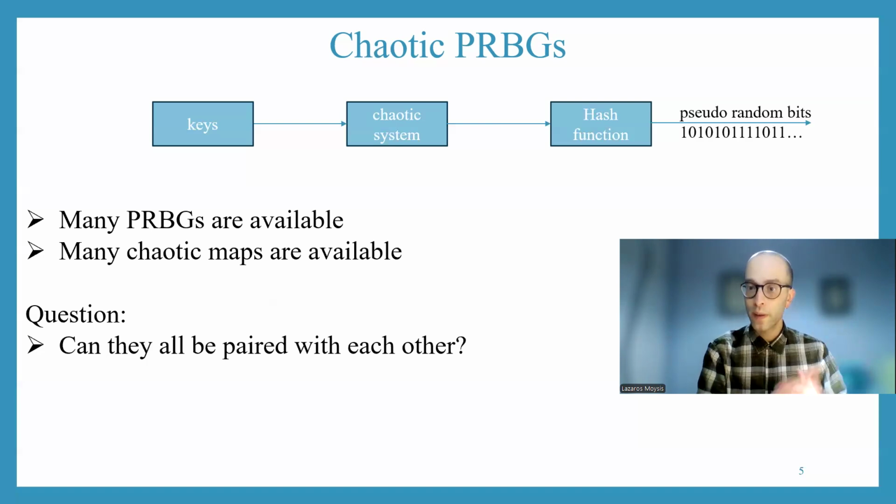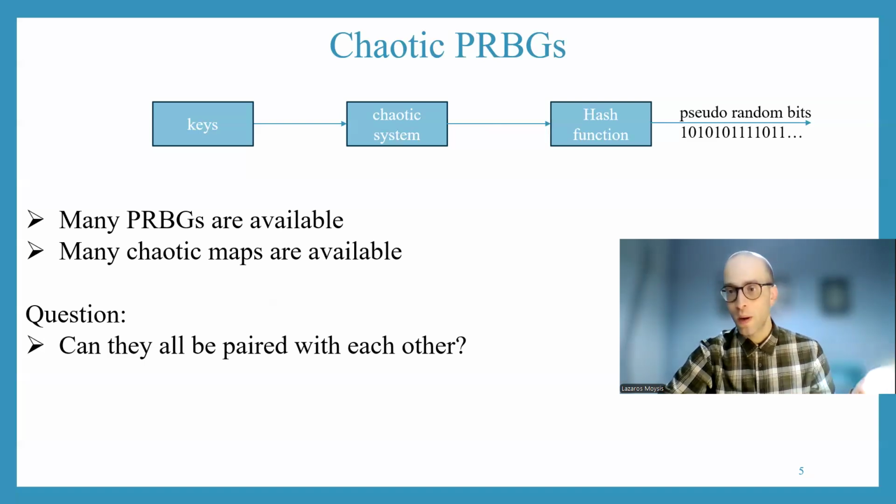So each paper has its own variation of a PRBG. And also each paper uses its own chaotic map. So you will see in the literature 10, 20, 50, 100 different papers on chaotic PRBGs or chaotic encryption. And the thing is this, each paper has its own PRBG, each paper has its own chaotic map.